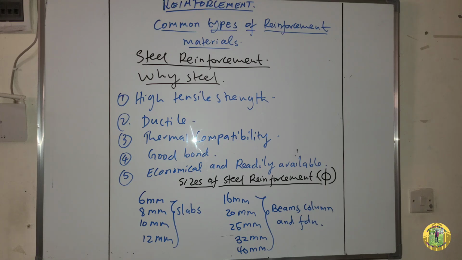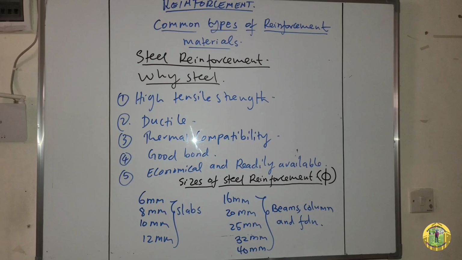And now we move to the sizes of steel reinforcement. So we have 6 millimeter, 8 millimeter, 10 millimeter, 12 millimeter. These are commonly used in slab design. And then we have 16, 20, 25, 32 to 40. These are for beams, columns, and foundations. So these are the diameter sizes of the steel reinforcement.